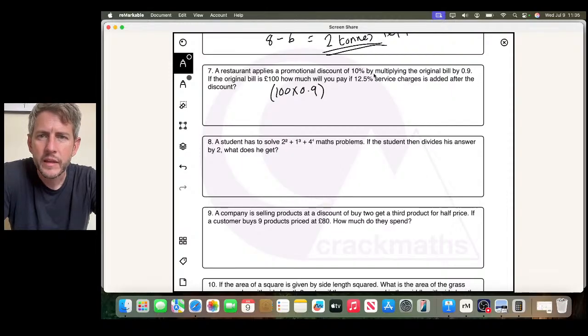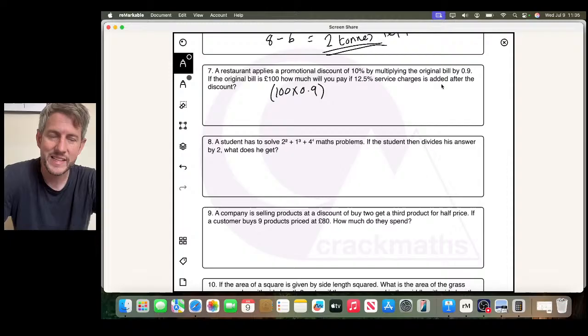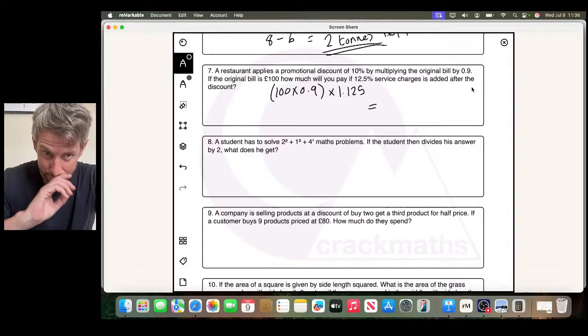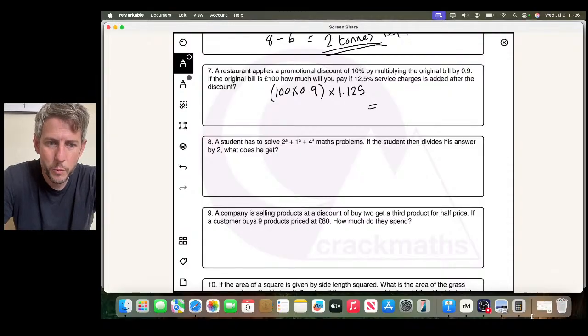And then how much will you pay if 12.5% service charge is added after the discount? So this is asking you to remember that to add on 12.5%, you multiply by 1.125. So this is the calculation that we will be doing.